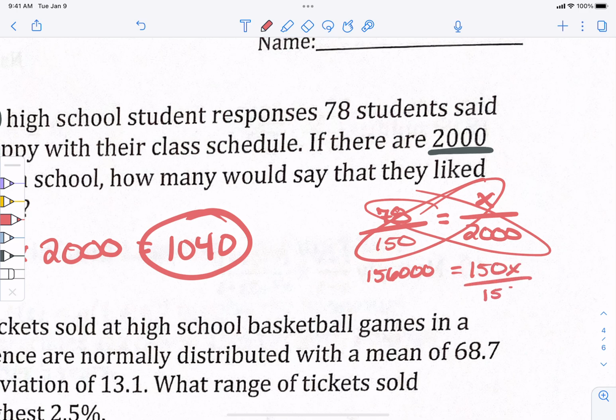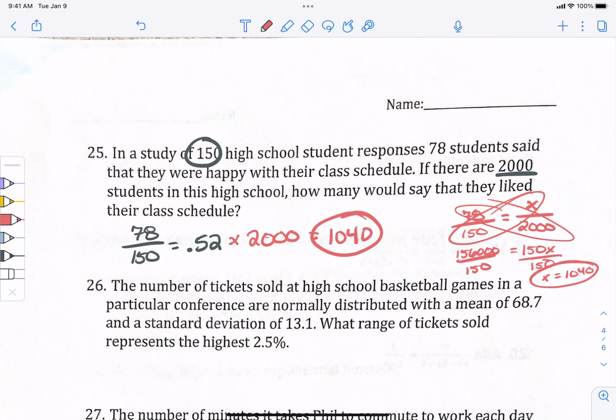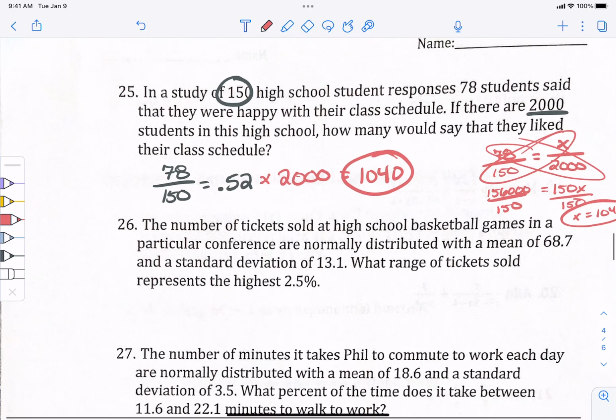And if we divide by 150, guess what we're going to get? 1040. So either way you want to do it, if it makes more sense to you to say that's what it is as a fraction or as a percentage and multiply that, or you can do the cross multiply and divide. I don't care. Okay, good?